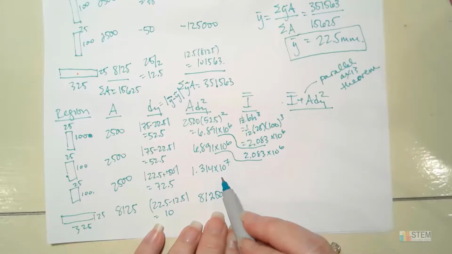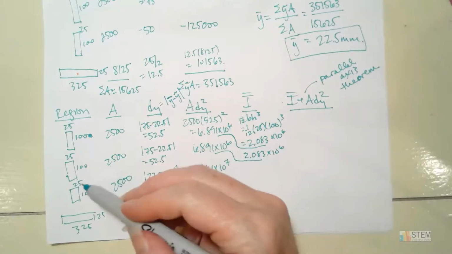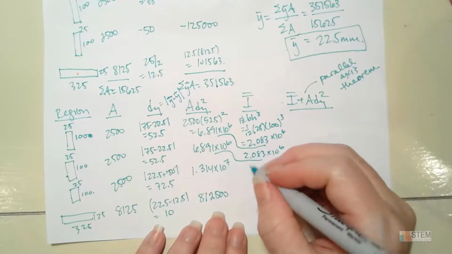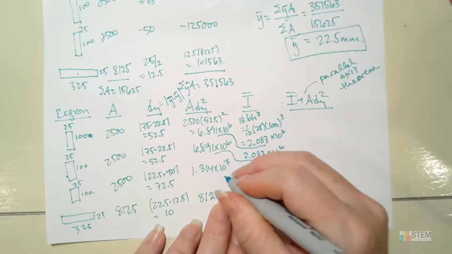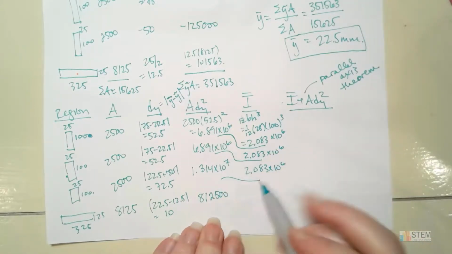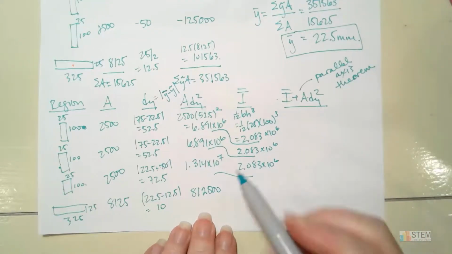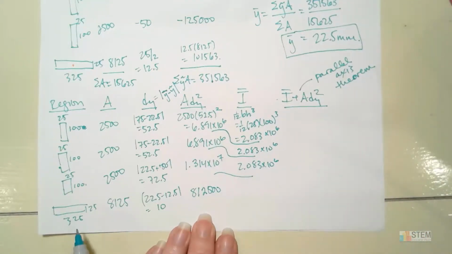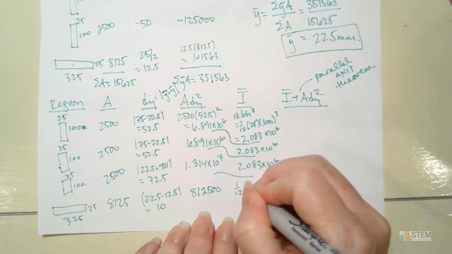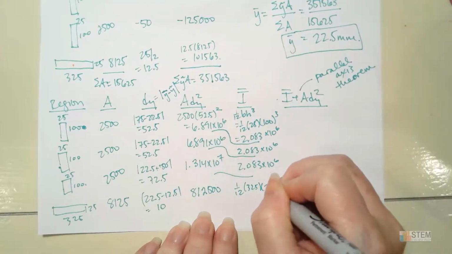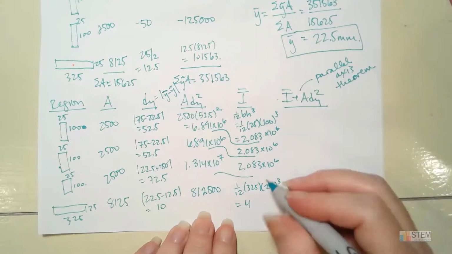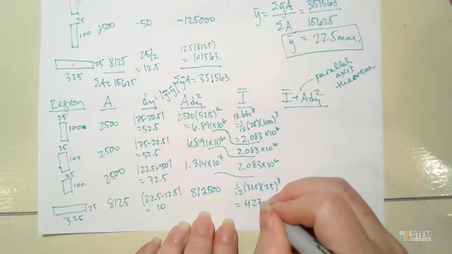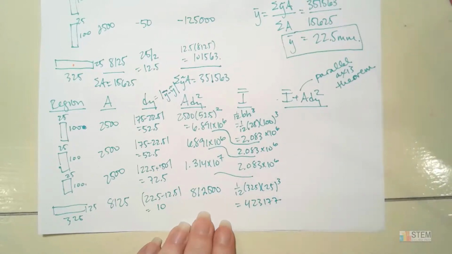For this one, we got 25 and 100 again, right? So you're still going to get the same 2.083 times 10 to the 6th. And then finally this last one. This one will be 1 over 12, base is 325, and then height is 25. So cube that. And that gives us 423,177.